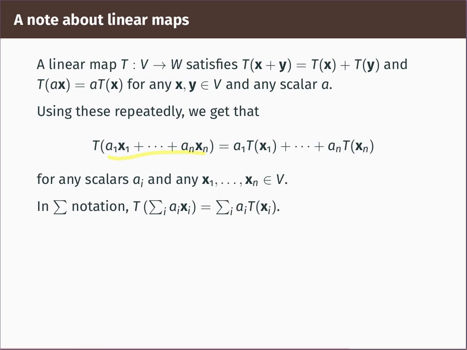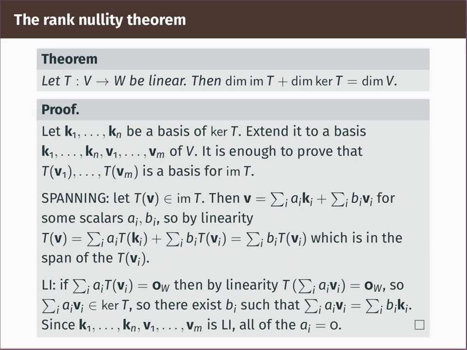And that works whenever you've got scalars a1 up to an, and whenever you've got elements x1 up to xn in the domain V of T. So we could write this in sigma notation. In sigma notation it says T of the sum of ai xi is equal to the sum over i of ai times T of xi. We'll use this without comment from now on.